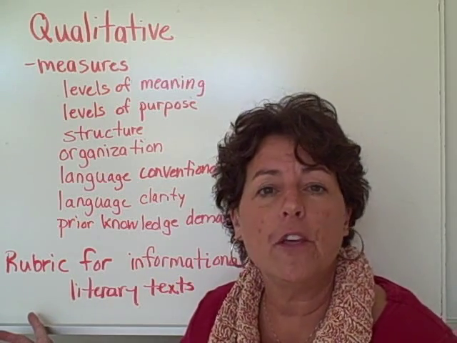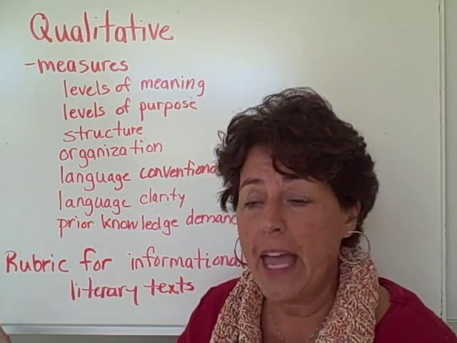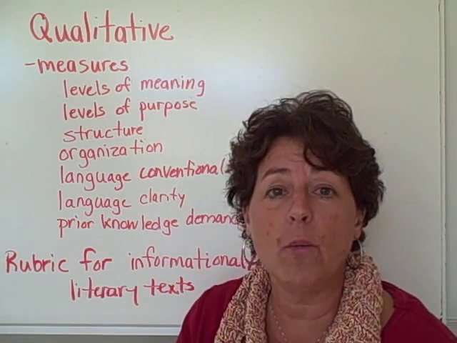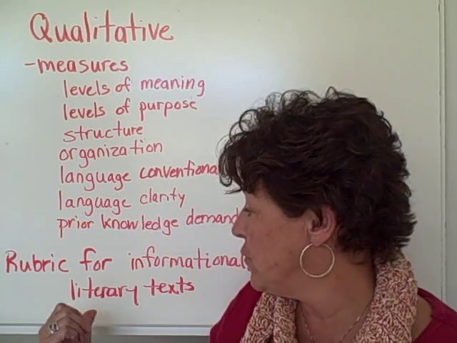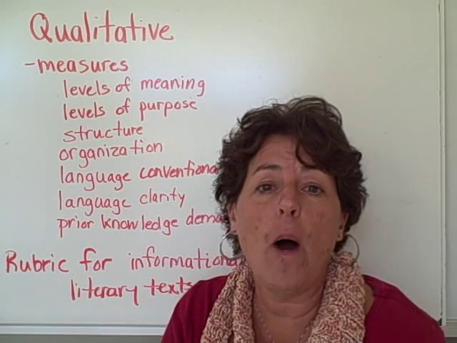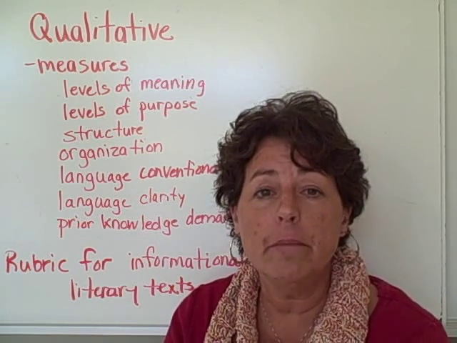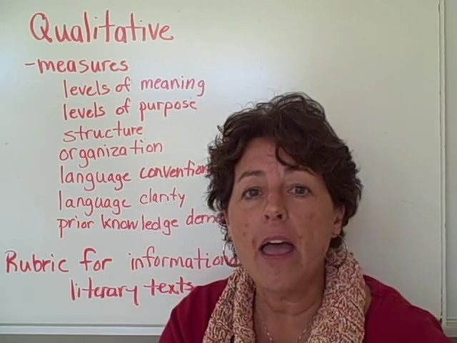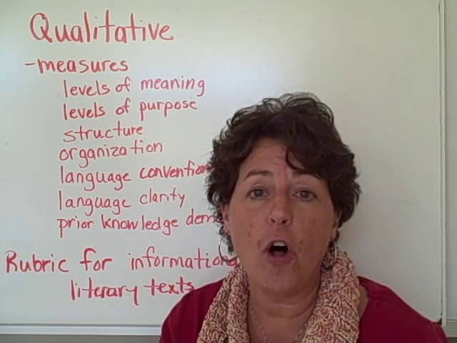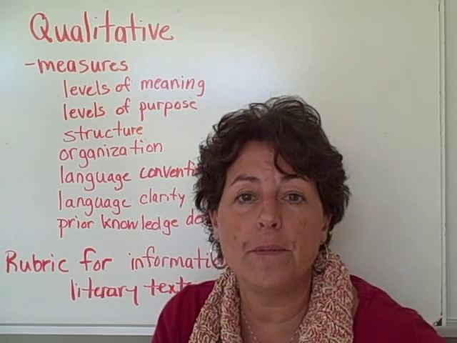There is a rubric that you can find in Edmodo under the text complexity folder, and there are actually two rubrics, one for informational text and one for literary text, that you can use to determine the qualitative level. It would be low, medium, medium high, or high, and that would tell you where it would fall, whether elementary or all the way up to high school.